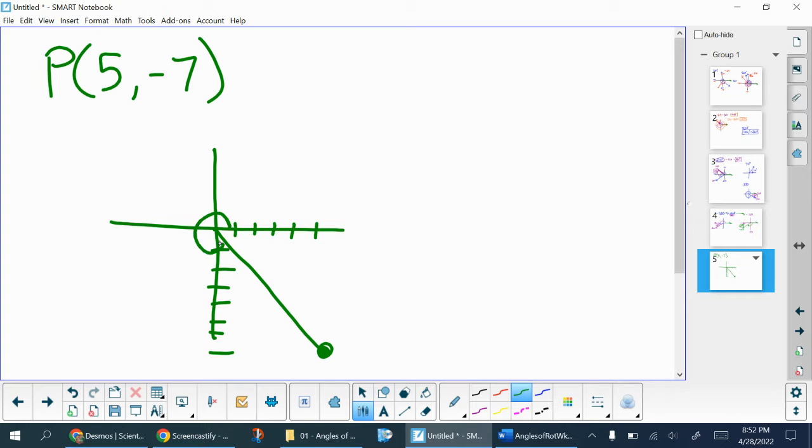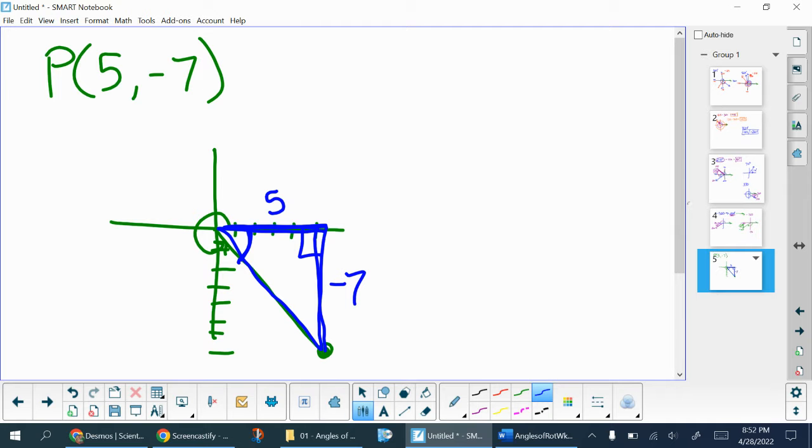It's actually this angle, but we want to use the reference angle from the terminal side back to the x-axis. And we create a right triangle out of that. Anytime we're doing this, that's the goal, is create a right triangle. And these coordinates are going to tell us the two legs. I know I've gone over 5, and I know I've gone down 7.